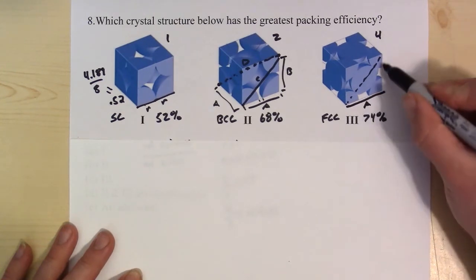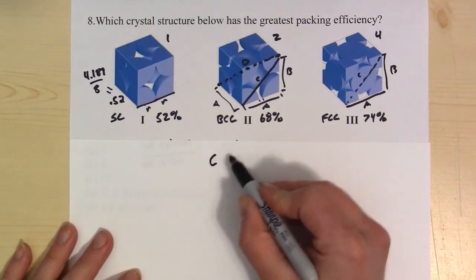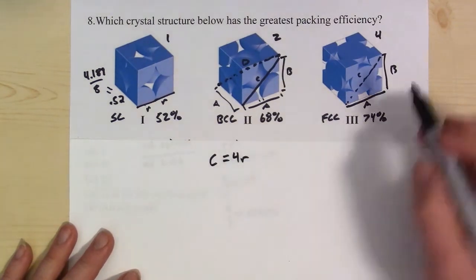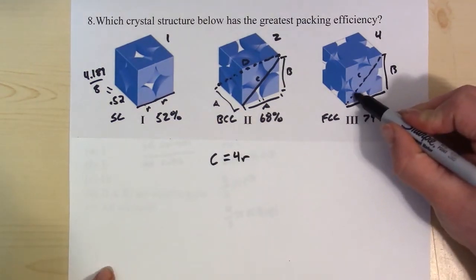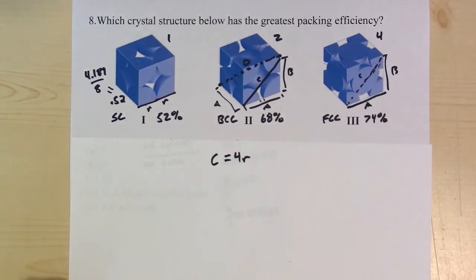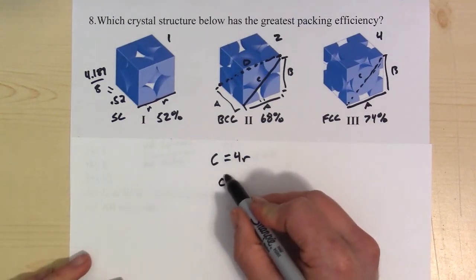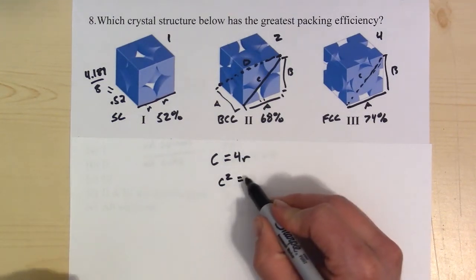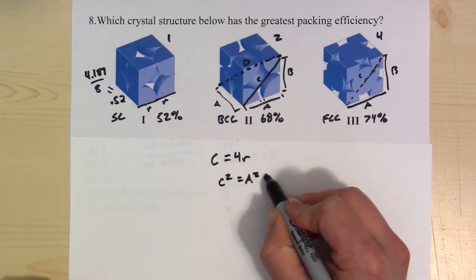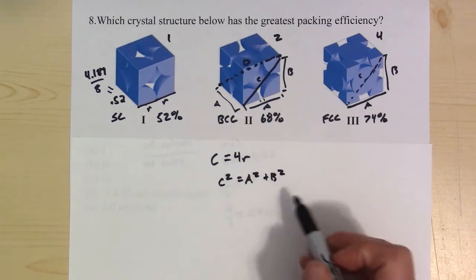Then if we look at our final example, the face-centered cubic, here we can see that along this diagonal, we have A, B, and C. C is going to be equal to 4 radii, so you have one here, 2 for the full circle, and another one here for the corner. So that's C, that's equal to 4R. And then using the Pythagorean theorem again, C squared is equal to A squared plus B squared, where A and B are the same.